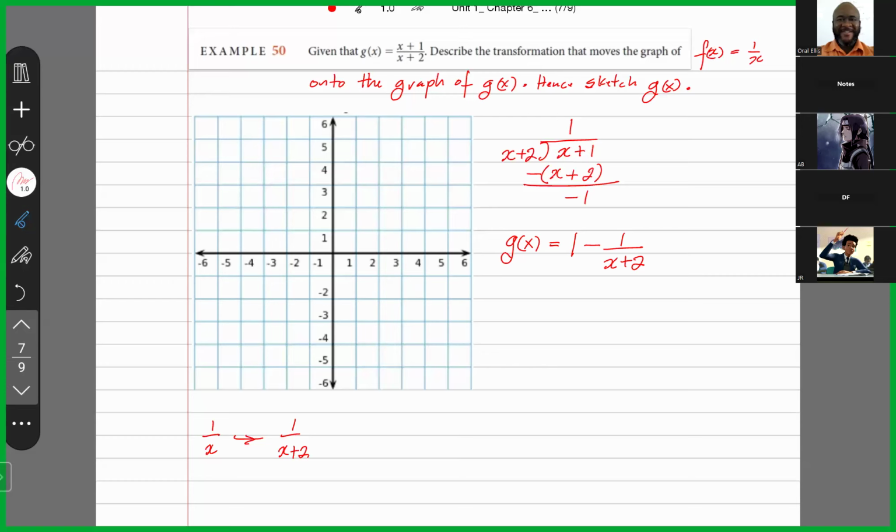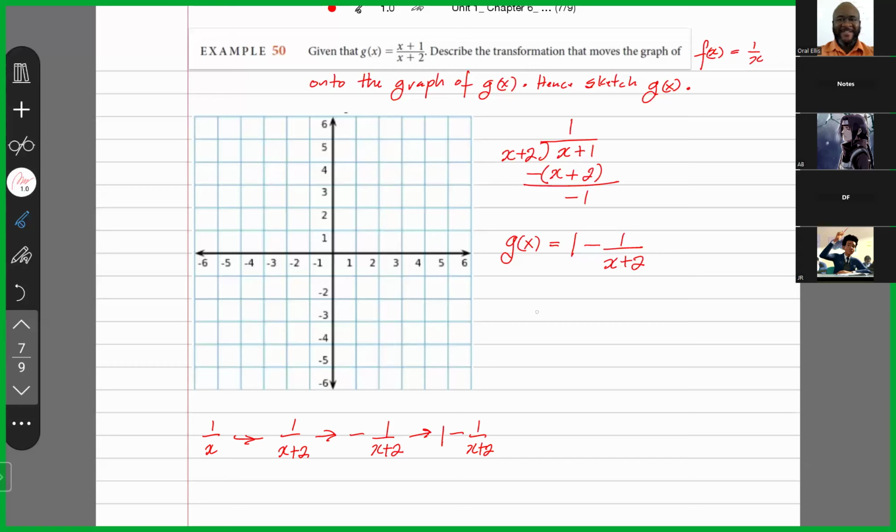Now, if you move from there to minus 1 over x plus 2, that is a reflection in the x-axis. And if you move from that to 1 minus 1 over x plus 2, the last transformation is a vertical translation of 1 unit parallel to the y-axis.